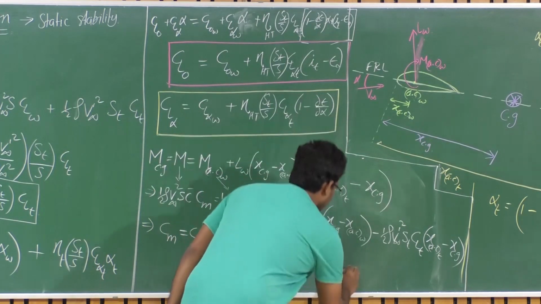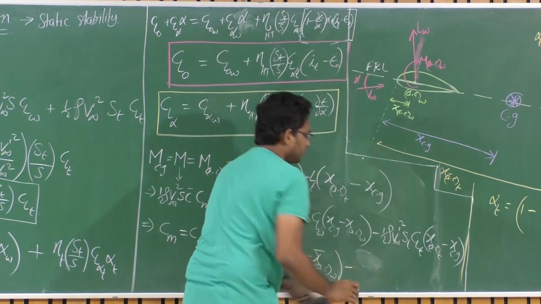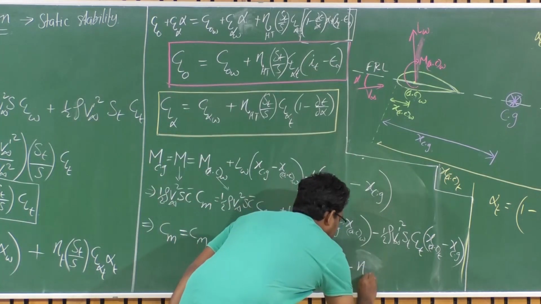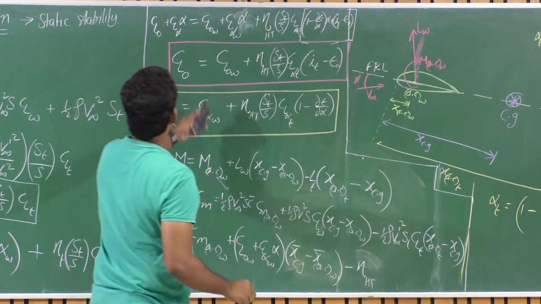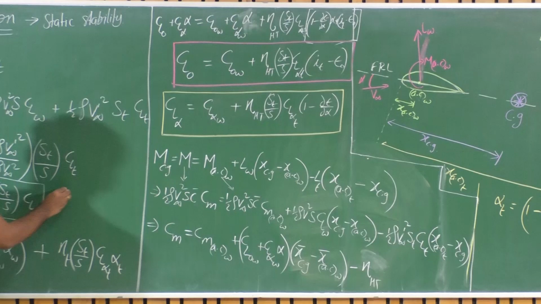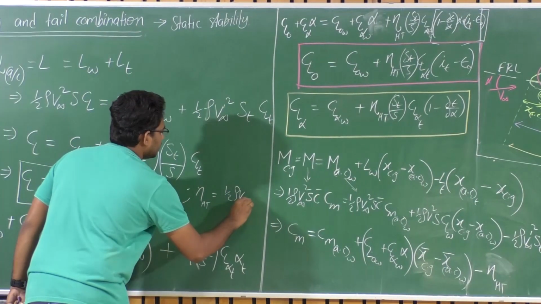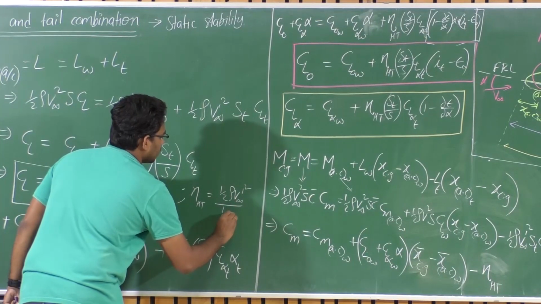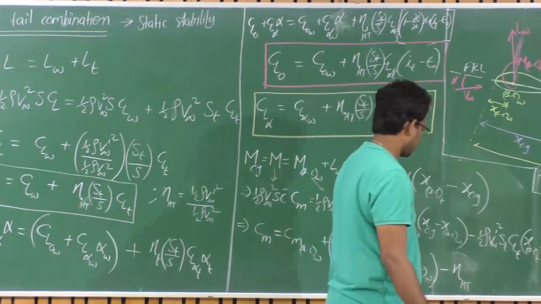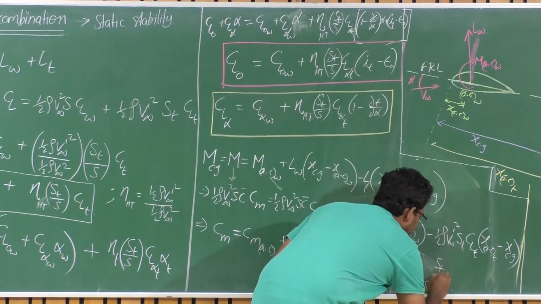Okay. So minus, what I have is half rho V infinity prime square upon half rho V infinity square, which is eta of horizontal tail, as we just discussed, times S of t upon S. Okay.